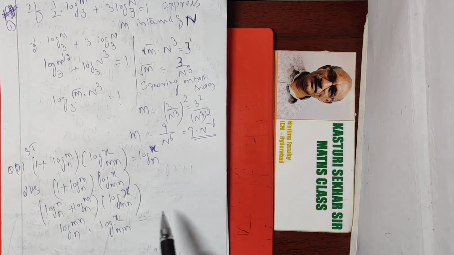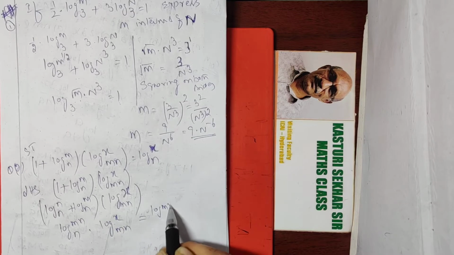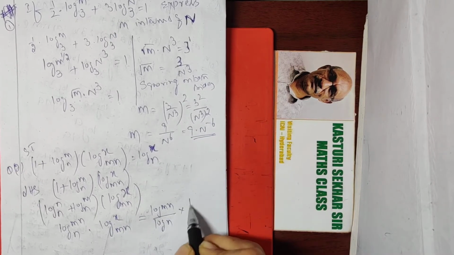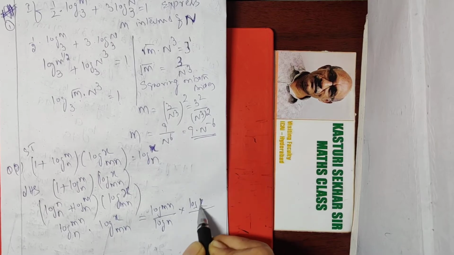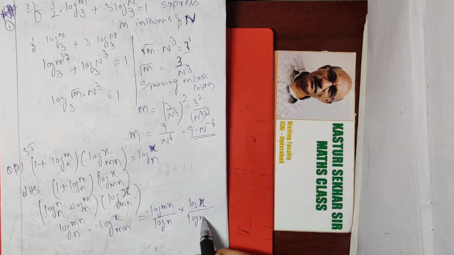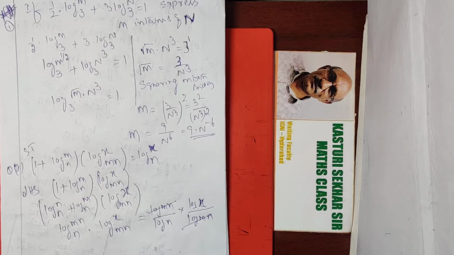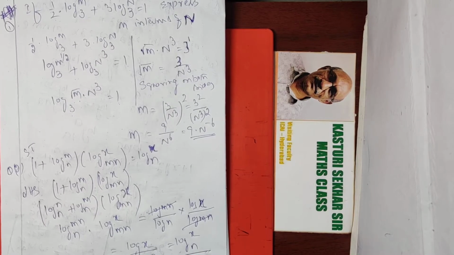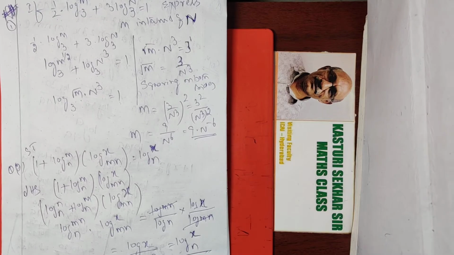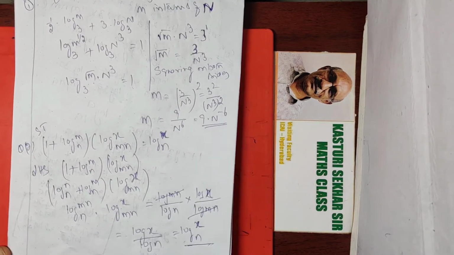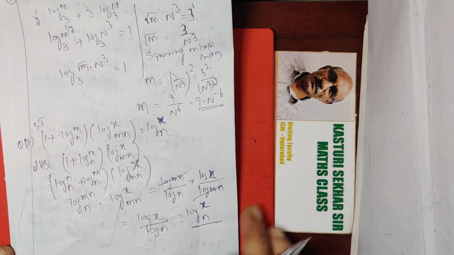Now again base shifting. Log mn divided by log n into log x divided by log mn. Log mn cancels. Log x divided by log n. So this is log x to the base n, which is the required answer for us.